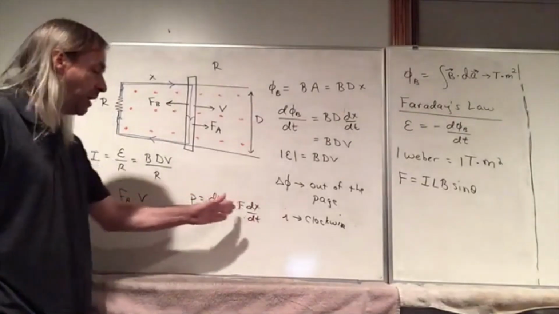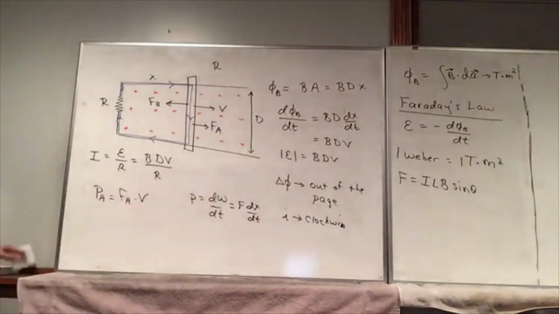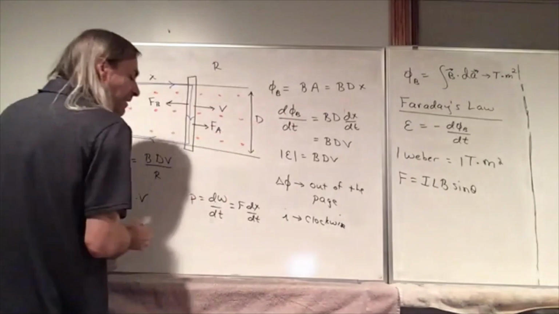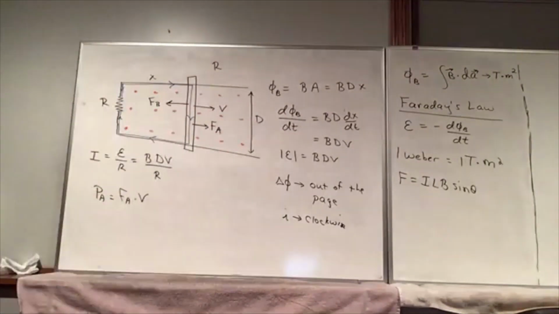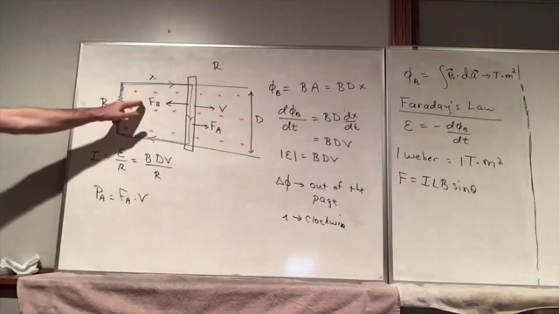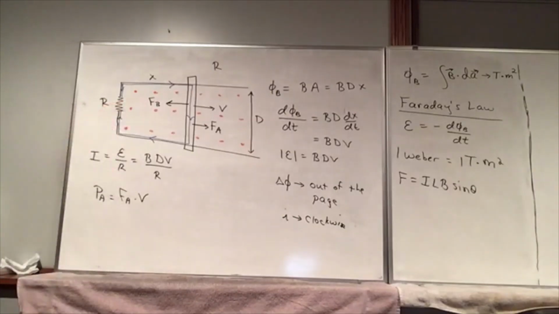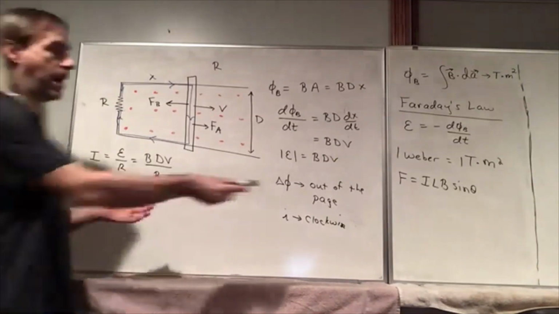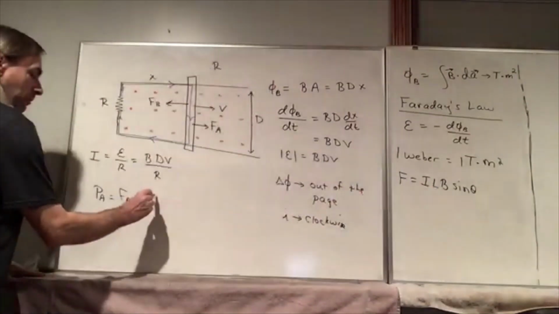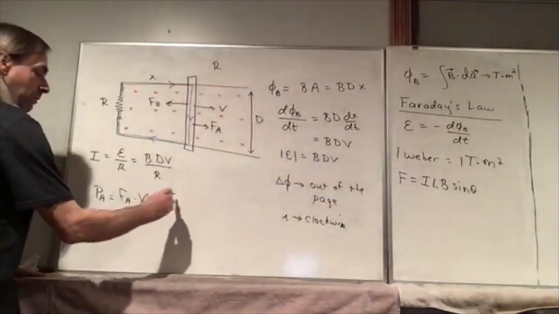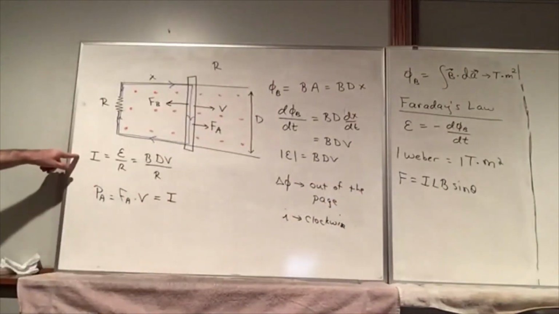This part here only applies for a constant force. But we'll say we're moving this at a constant velocity. So that will be the case. And so the applied force has to equal this magnetic force, which is given by this. So we have this induced current, which is here.